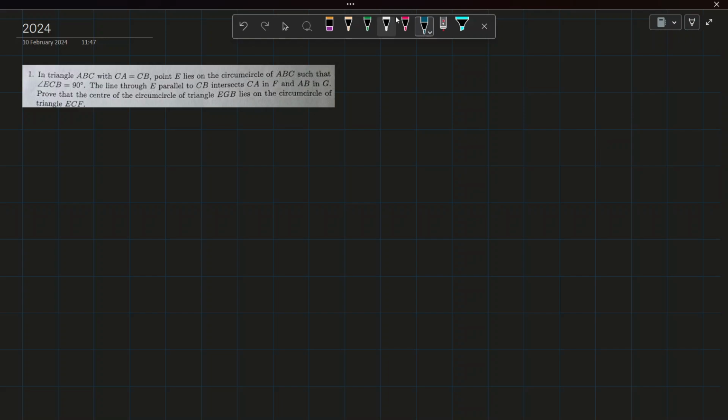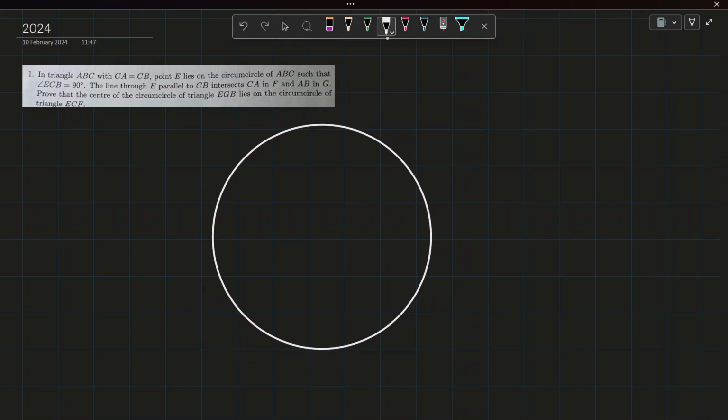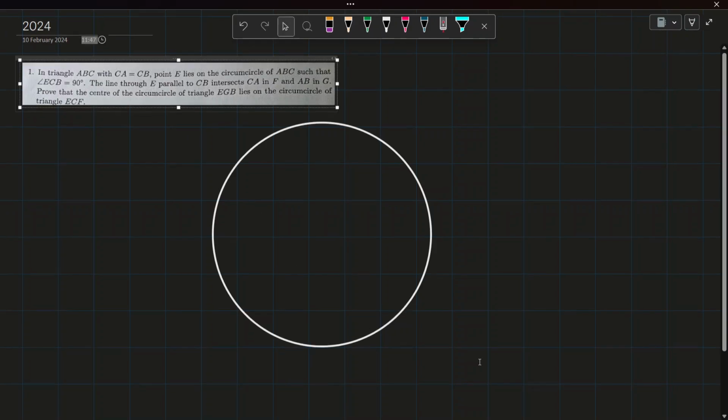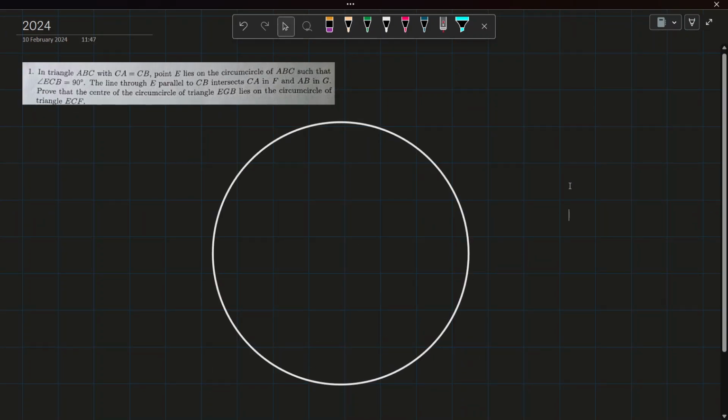So first let me draw a circle because a circumcircle is involved here, and let's make it a little bigger. Yeah, so we are given that in a triangle ABC, CA equal to CB.